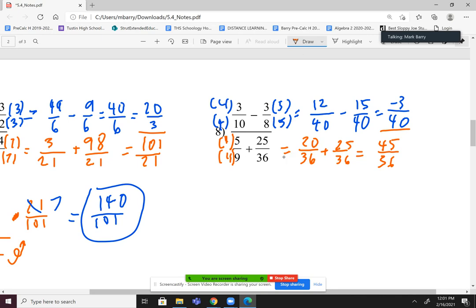All right, so I'm done with step 1. I'm going to go down here and rewrite it. So now I can move on to step 2. So I'm going to go ahead and multiply by the reciprocal here.